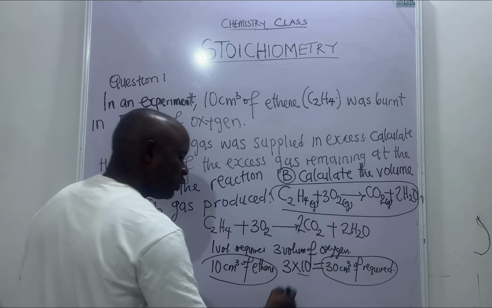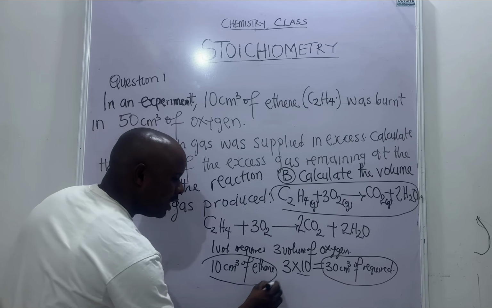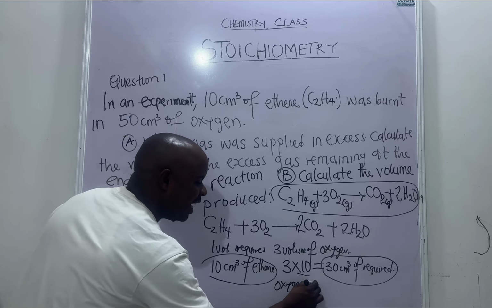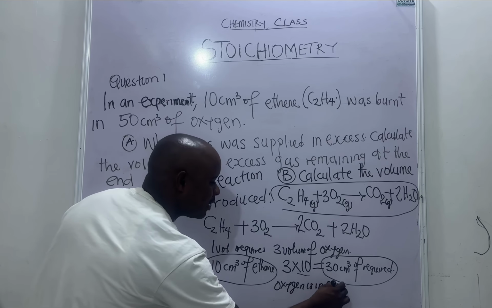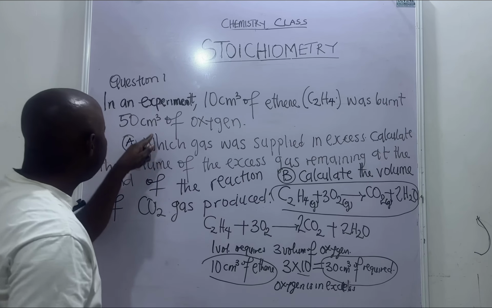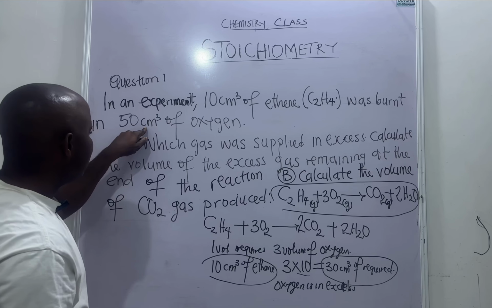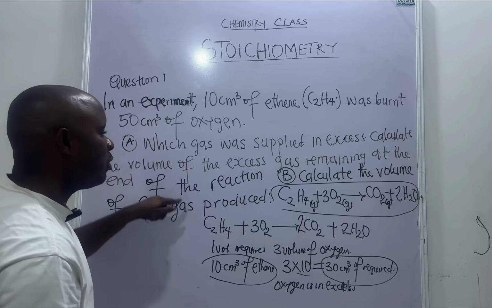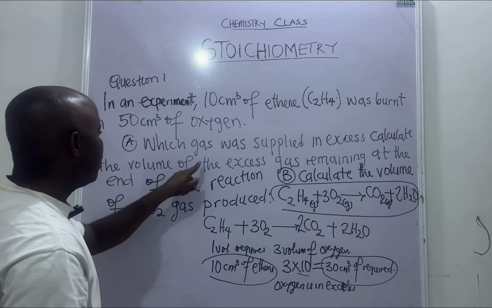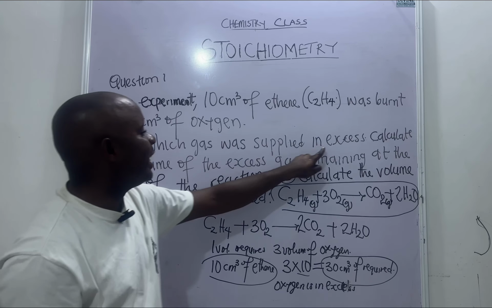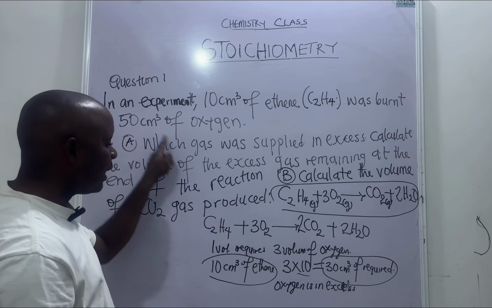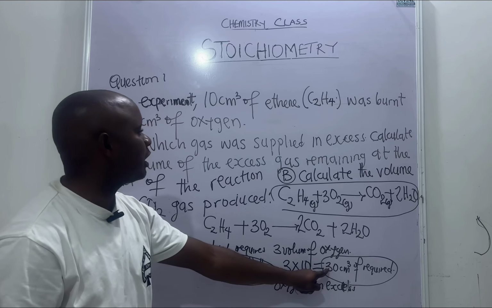From this reaction, we can infer that the oxygen is in excess, because 50 cm³ was supplied, rather than the 30 needed for the chemical reaction.